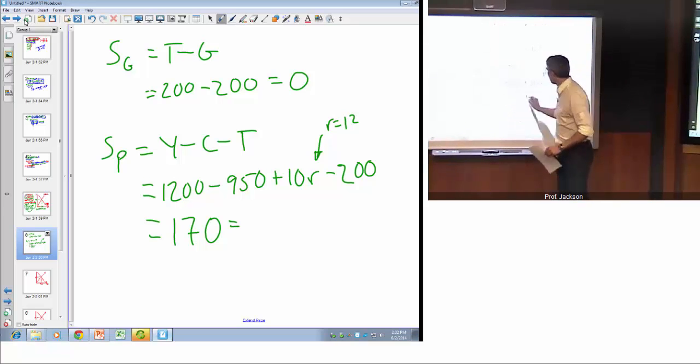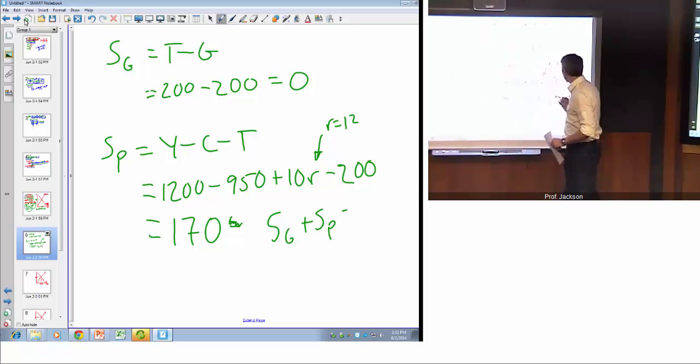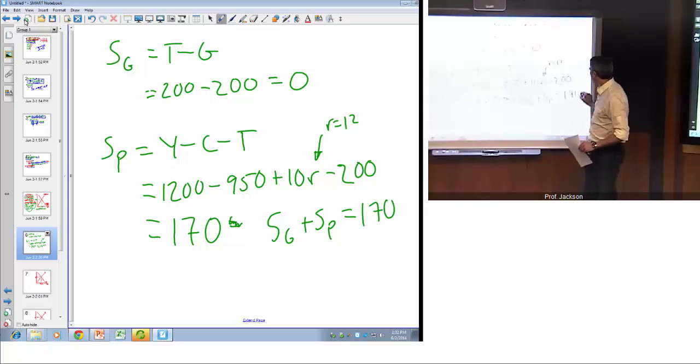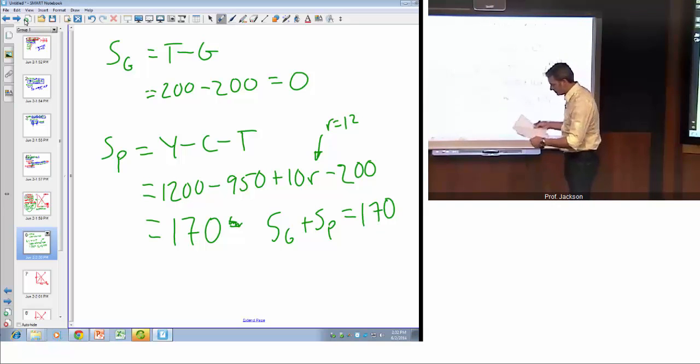And you'll note also that when we add, in this case, government and private saving together, it equals 170, which is exactly what we got in the previous example.